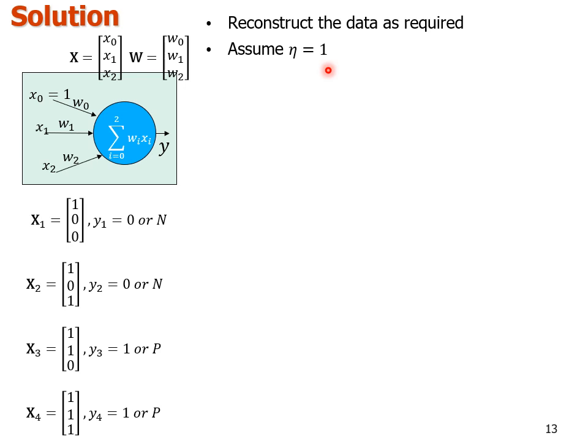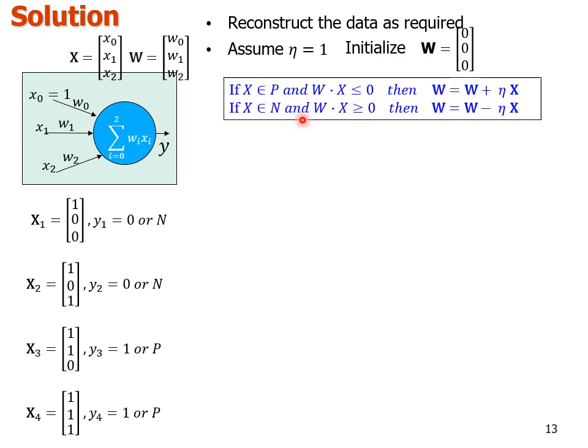Next we would like to initialize the weight vector, and hence the weight vector w is initialized as 0, 0, 0. Now let us once again write here the important rule for updating the weight vectors, because this is the key in our perceptron learning algorithm.